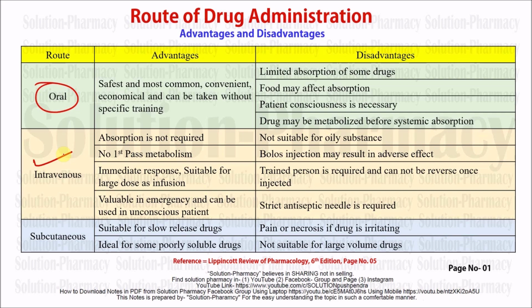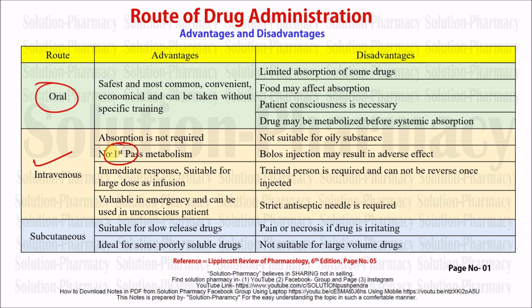Now the second point says no first pass metabolism. What is the meaning of first pass metabolism? First pass metabolism means whenever we give any drug or dosage form via the oral route of drug administration, after reaching the stomach, that will go for metabolism via the portal vein. In metabolism, the metabolite may be inactive, and that is called first pass metabolism, where the drug reaches the liver first for metabolism, then for its proper action.